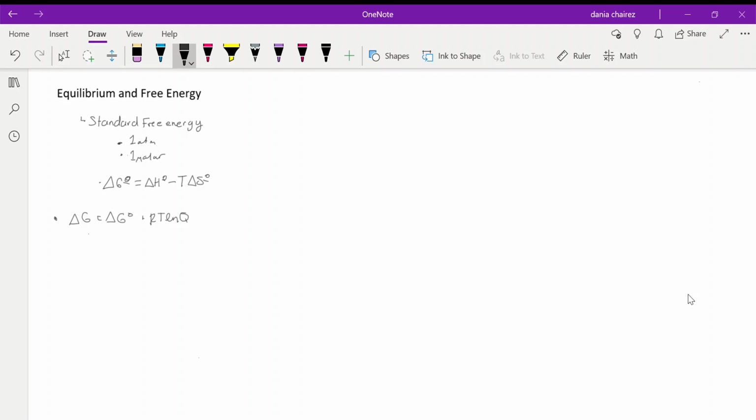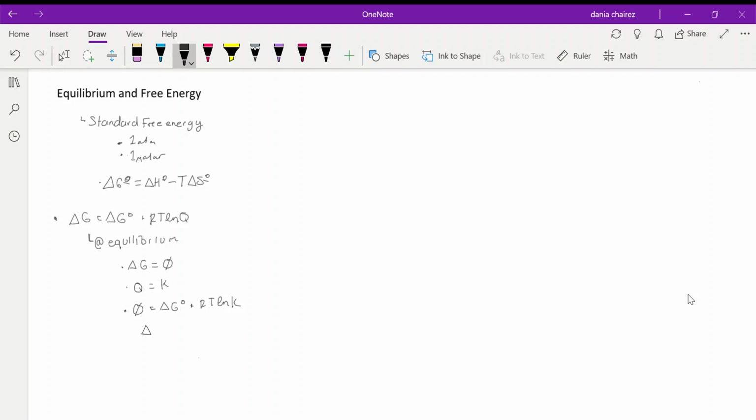So then when this is at equilibrium, so we're finally actually dealing with equilibrium like I said we would be, at equilibrium your delta G is equal to 0 and Q is equal to K. So under these conditions, we can rework this formula to say that 0 is equal to delta G naught plus RT ln of K, because now we're at equilibrium, delta G should be 0 and Q is equal to K, so you can just plug those in.